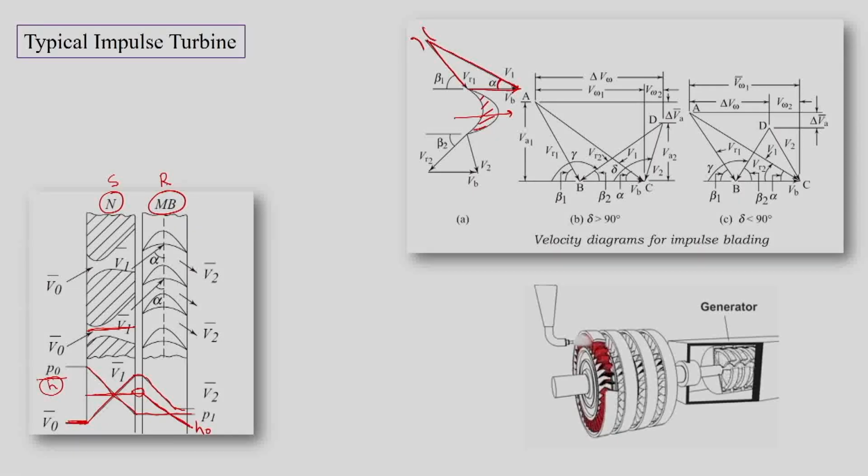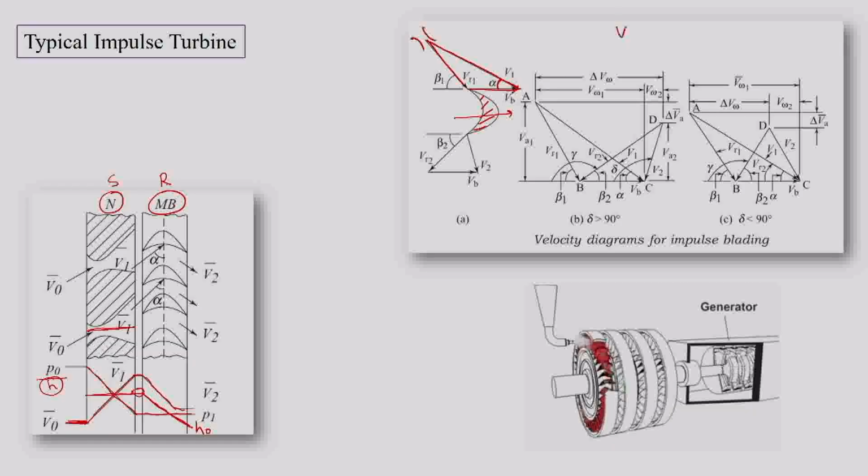If the rotor is moving with RPM n, then pi d n by 60 is Vb. So Vb is the rotor speed, which is pi dm into n by 60, the tangential velocity at the mean diameter of the rotor, where the rotor is moving with n RPM.